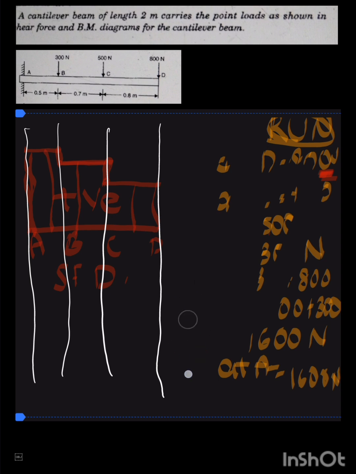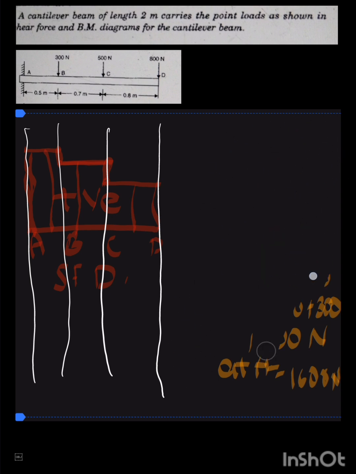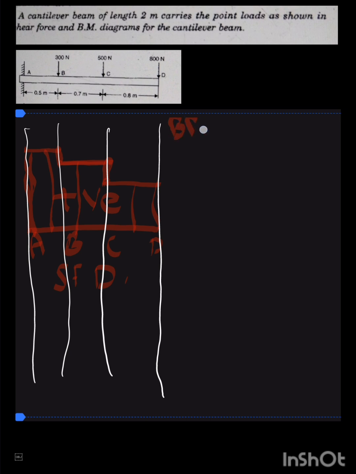Now, calculation of the bending moment. Calculating the bending moment: bending moment means load, that is force, into perpendicular distance. Bending moment at D is equal to how much? 800, how is the load acting?